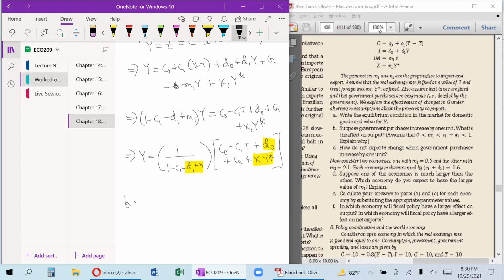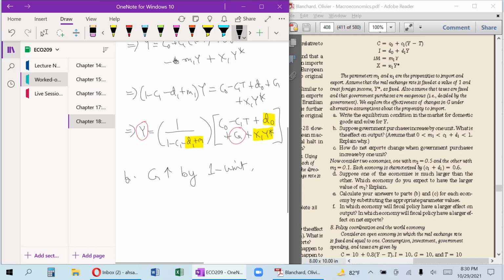Let's move on to part B now. Suppose the government purchase increases by 1 unit. So what's happening is G is going up by 1 unit. If G goes up, what's the effect on output? That's fairly straightforward. Once again, this we have already done in Eco 207, so I shouldn't have to explain too much.